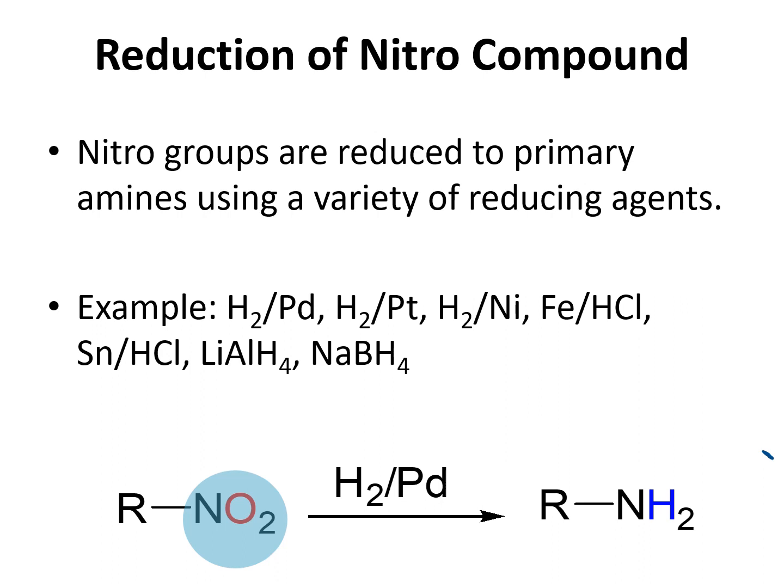If you use any of these reducing agents and react with a nitro compound such as RNO2, you will get RNH2 instead. So you will get the formation of amine. You just need to convert NO2 to NH2.